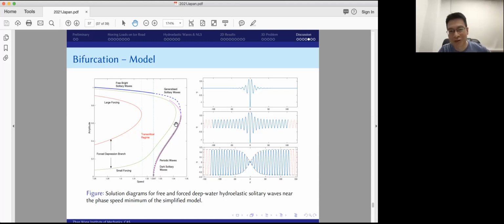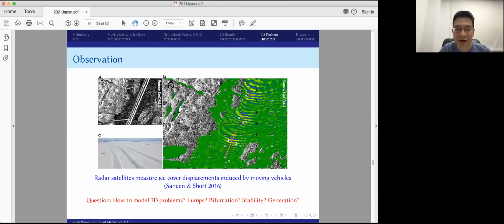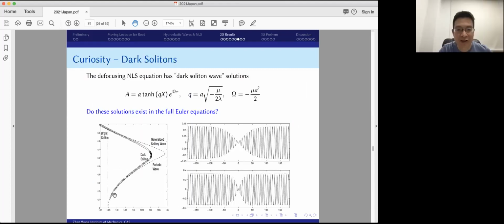I just finished this quite recently, so I didn't explore it thoroughly. If you continue this curve, the same bifurcation happens, so it's pretty much similar to this. Okay, I see. Thank you. So the dark solitary wave has a bifurcation curve like this. I just didn't continue it for the model equation, but you can always do that. Okay, I was just curious. Thanks.